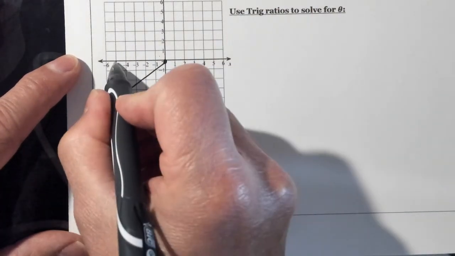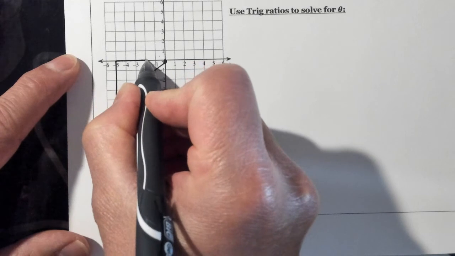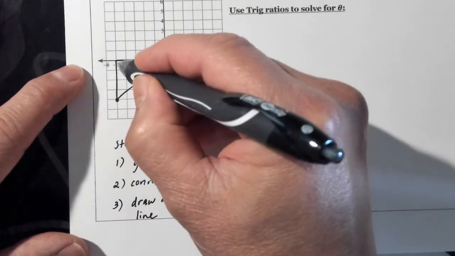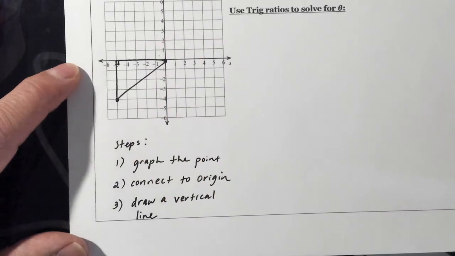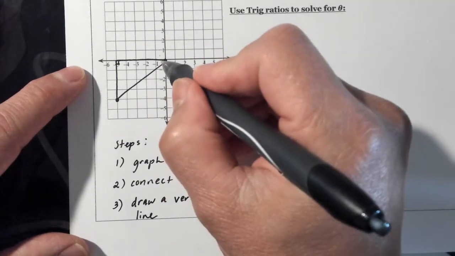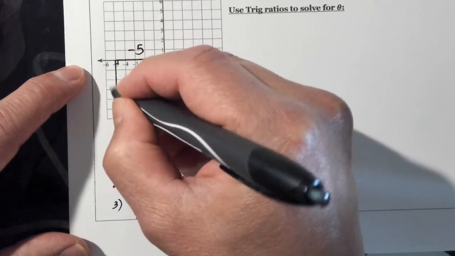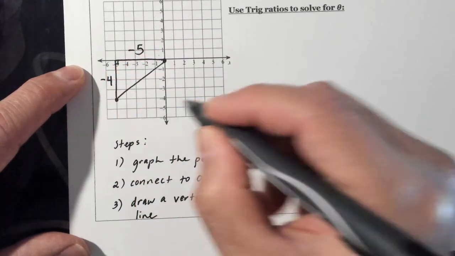And look at what you got. You got a triangle. I'm going to call this the reference triangle. Here's your right angle. We know that the length of this side is -5. We know the length of this side is -4.